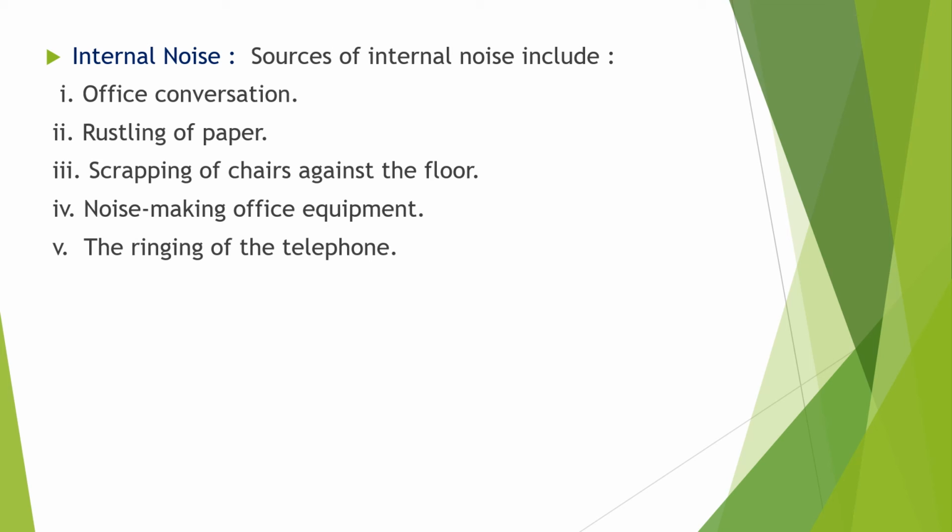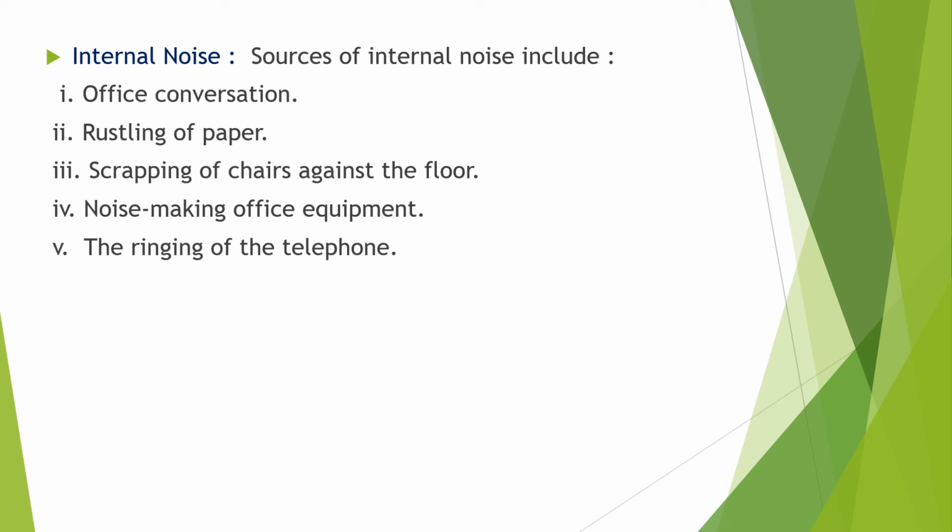Next is internal noise. Sources of internal noise include: the first is office conversation. Second is rustling of paper. Third is scraping of chairs against the floor. Next is noise-making office equipment.